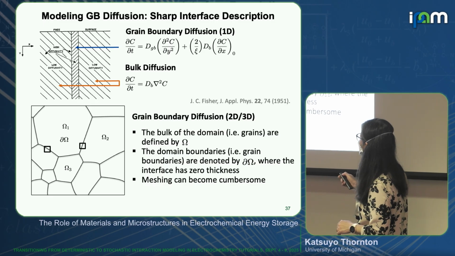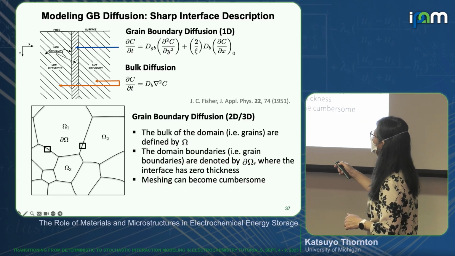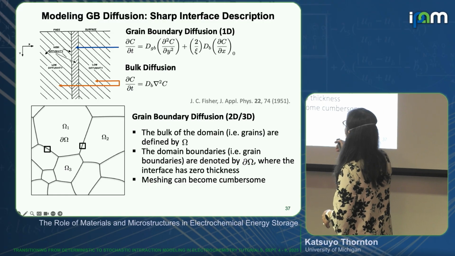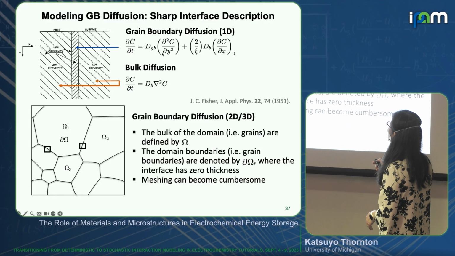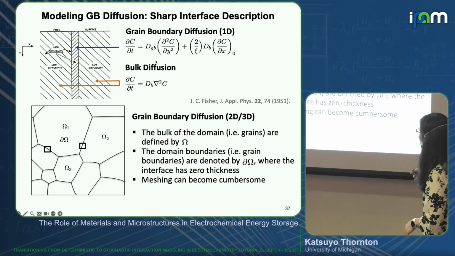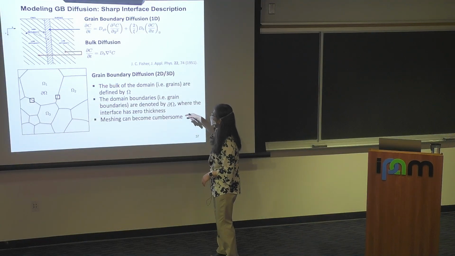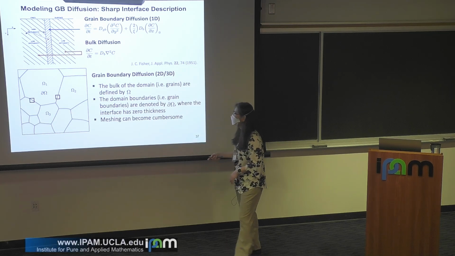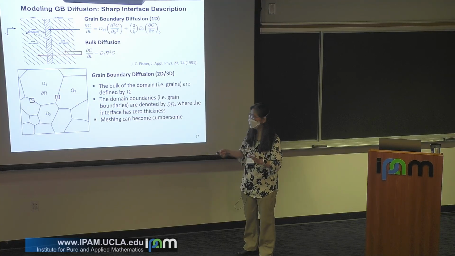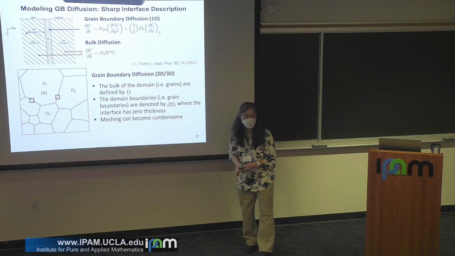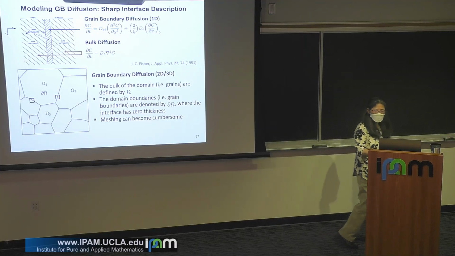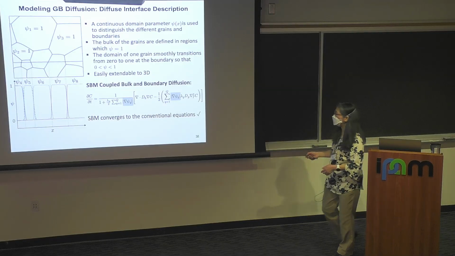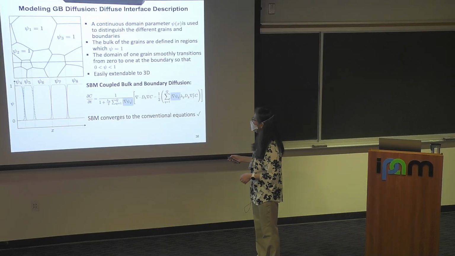There's just a sharp interface model to do the calculation, and it becomes a 1D problem. Then you have 2D and 3D. It gets a bit more complicated, and we have to use a numerical method to simulate that. And so for that, as I mentioned, we use the smooth boundary method.